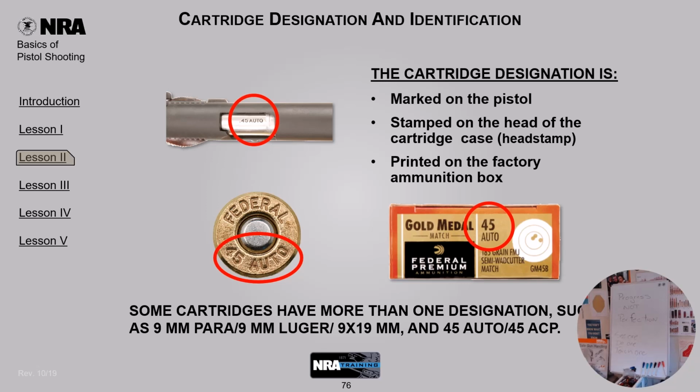Here we are. Some cartridges have more than one designation, such as 9mm Para, 9mm Luger, and 9x19. And there's also 45 Auto and 45 ACP. And this is why I hate ammunition, because it's so stinking confusing. However, when you start, you will have one gun, and that one gun will take one type of ammunition, which means this and this and this are all going to match.